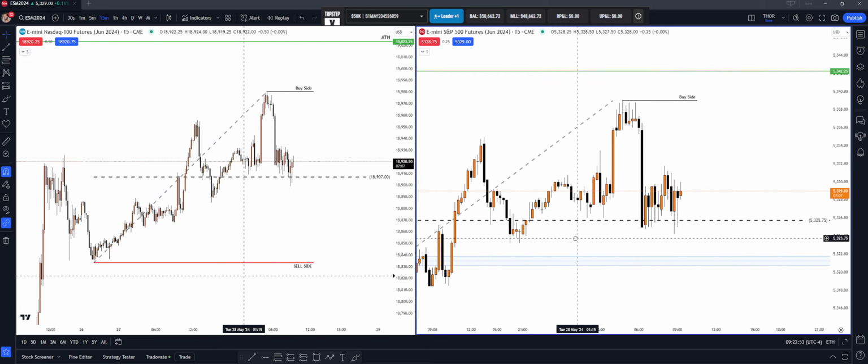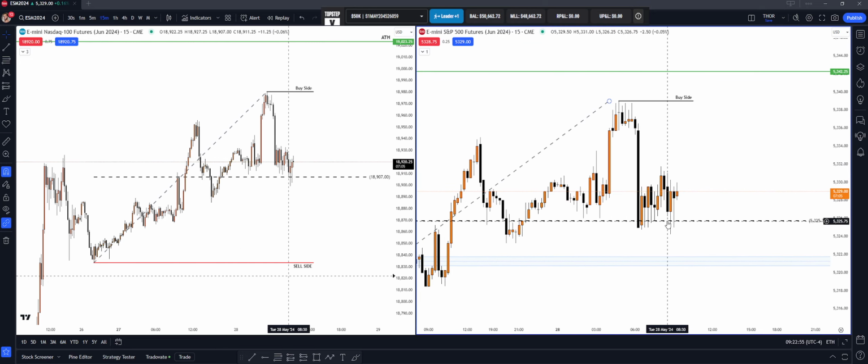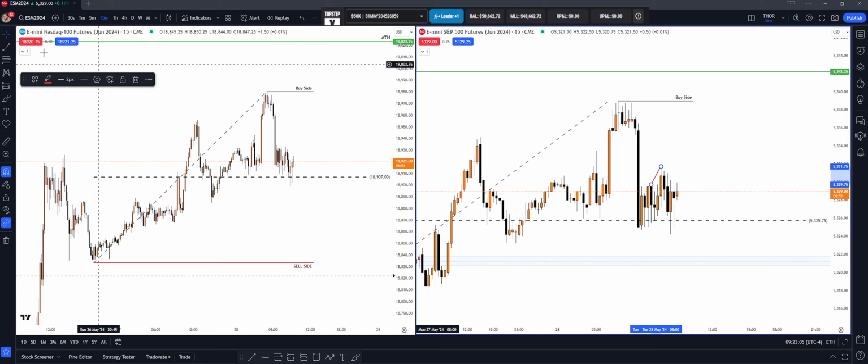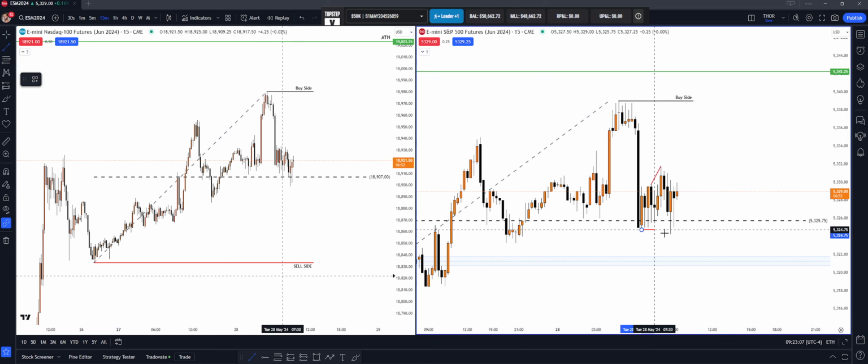There's no new SMT divergence so far. Maybe like here, short term, which was delivered already, took the short term south side. So here it formed an SMT divergence, but the objective of that SMT divergence was completed already with the south side delivery. So I'm not going to keep that on my chart.